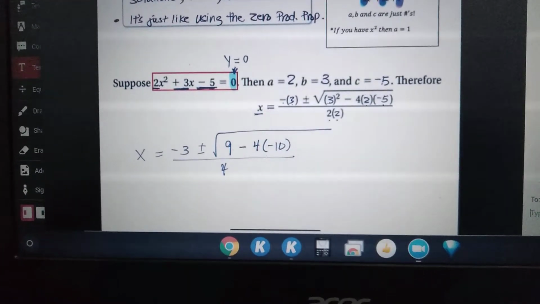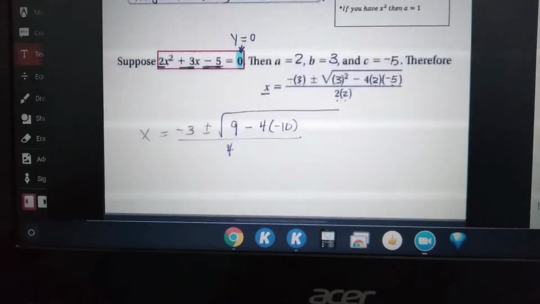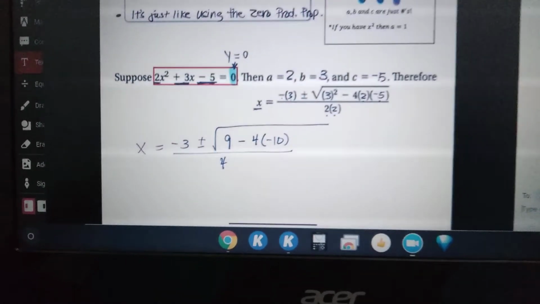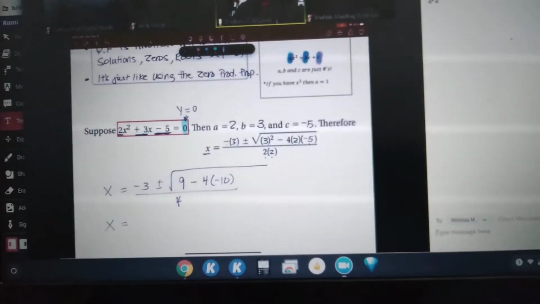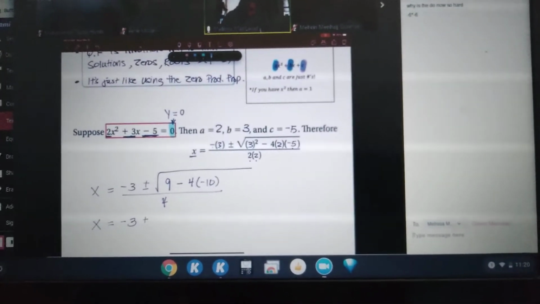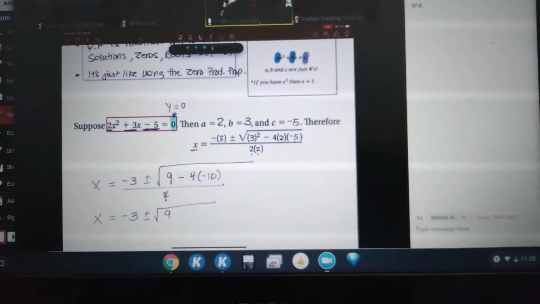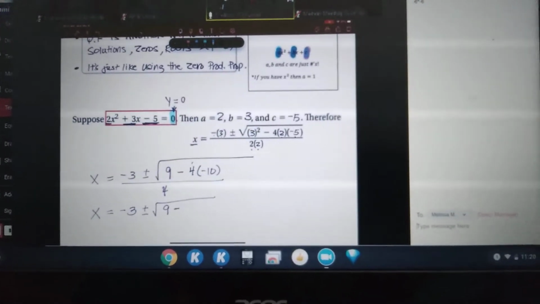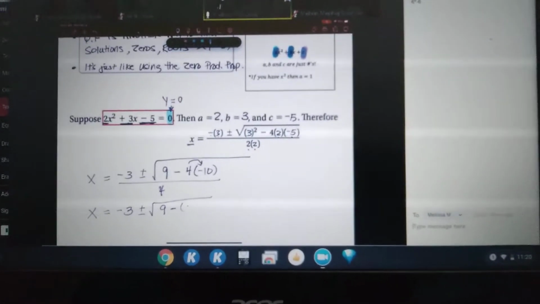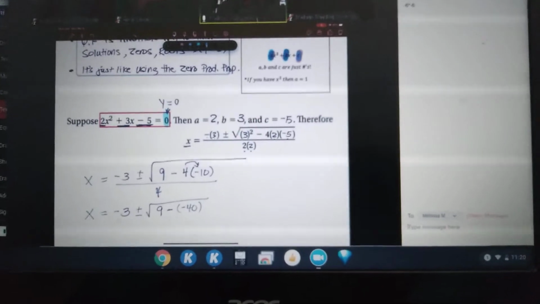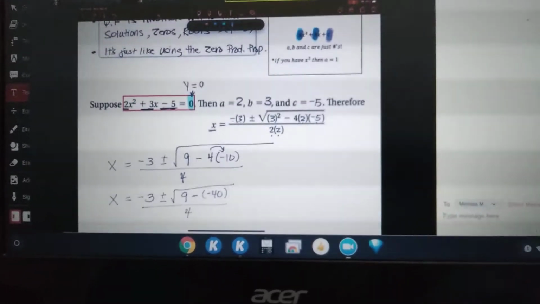Everyone understand? Good. So now I keep simplifying all of the stuff underneath the radical. X equals negative 3 plus or minus the square root of 9 minus 4 times negative 10, which is negative 40, all over 4. Everyone understand?